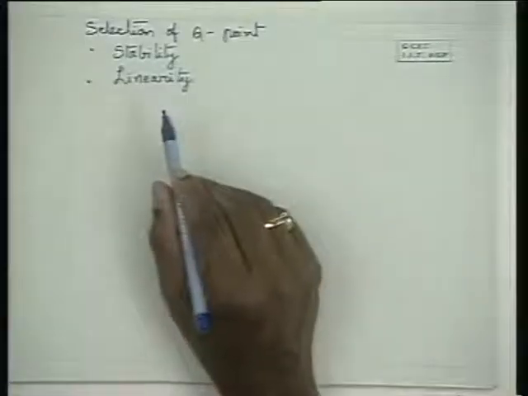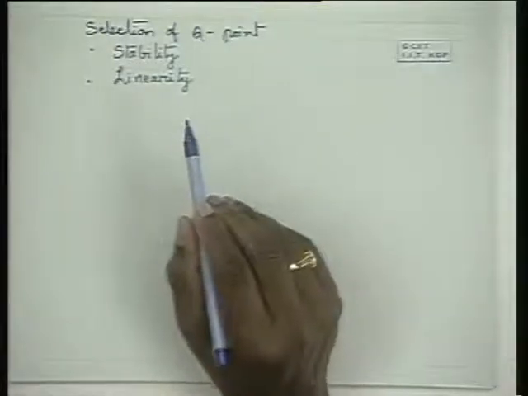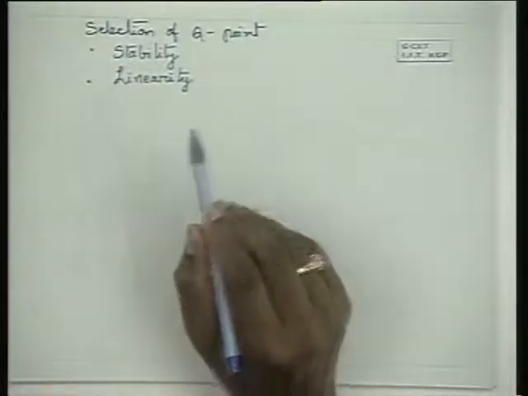We select the Q point such that it is in the linear region of the characteristics. That means when a small signal is applied, you get a large signal of the same type, and that's possible when the amplification characteristics is linear. So this is the criterion for selecting the point of linearity. I'll discuss it further when I discuss the amplifiers.